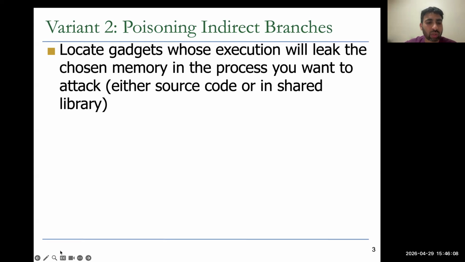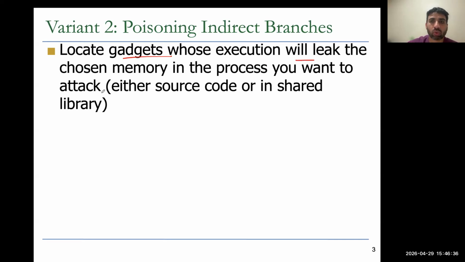Here you first need to locate a gadget in the address space of the victim process, and a gadget is nothing but a combination of instructions which are of interest to you as an attacker. You want to locate a gadget in the address space of the victim process whose execution will leak the chosen memory.